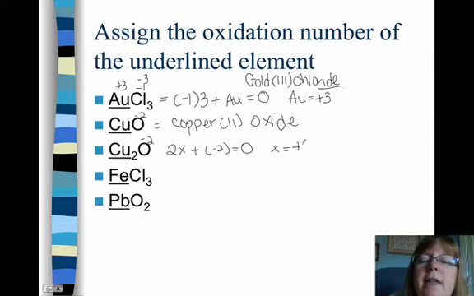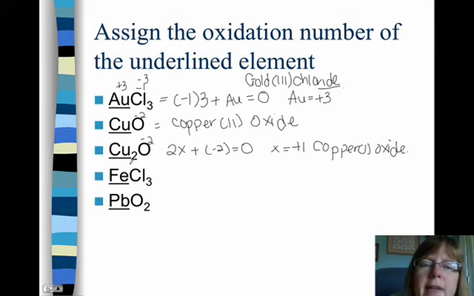So here we see that each copper has a positive 1 charge. And so the name of this is copper 1 oxide. So that's a little bit tricky because both of those coppers added together has to have a positive 2 charge to balance out the -2 from the oxygen.